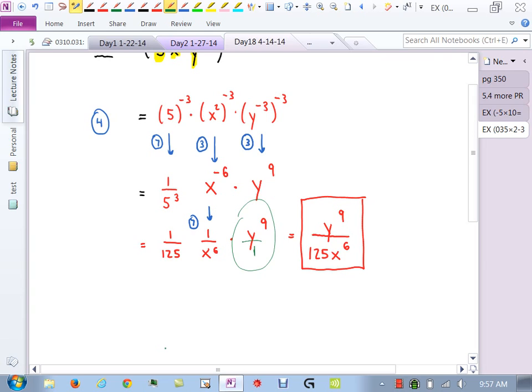Oh, a divided by b, I forgot, yeah. So the fifth one is a over b to the m, a to the m over b to the m. Then we just got the sixth one, which was b to the 0 is 1. And the seventh is b to the negative n is 1 over b to the positive n.